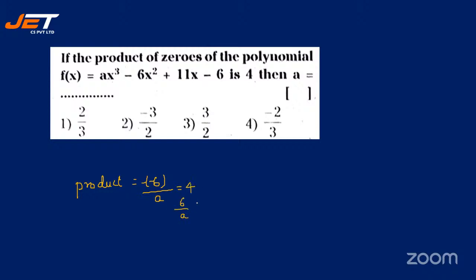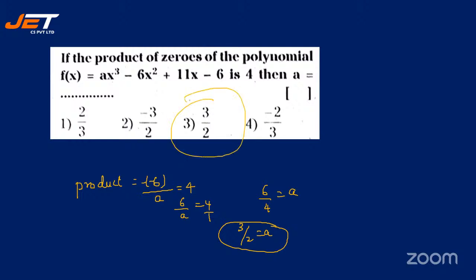So 6 by a is 4. In other words, 6 by 4. This 4 can come here, a can go there. So this 3 by 2 is a. Yes, hopefully it should be right. Let's see the answer. Yes, it is. So the value of a is 3 by 2.